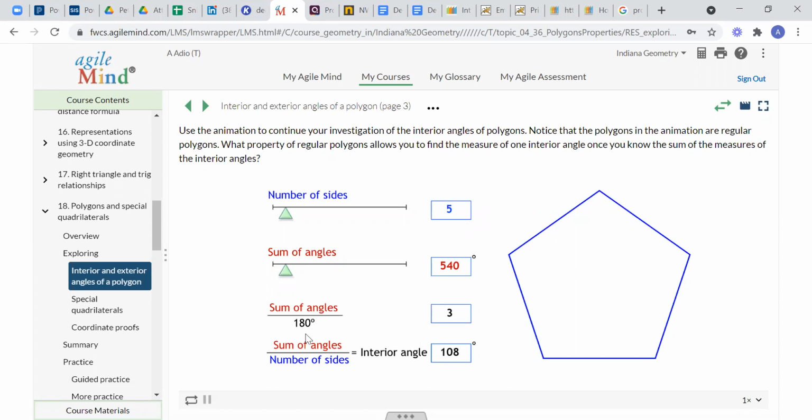And then since we have 3 triangles inside here, each of the interior angles is going to be 540 divided by 5, the number of sides. That's why we have this equation below. Sum of angles over number of sides equals interior angle. This one's supposed to say each interior, okay?